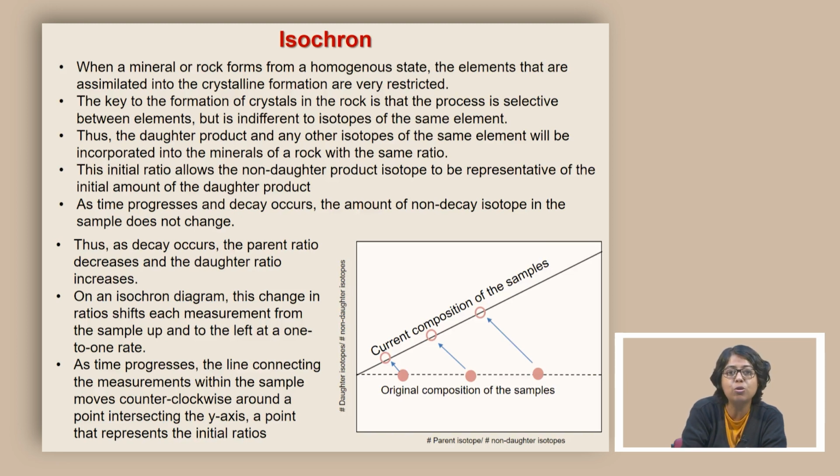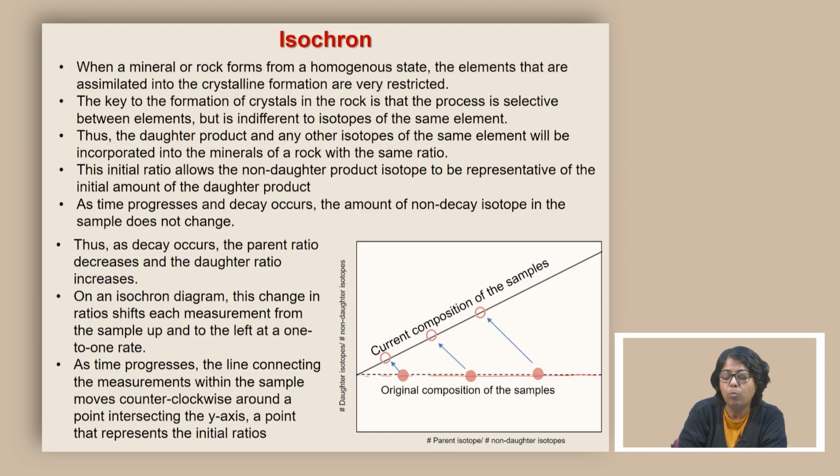So, on an isochron diagram, this change in ratios shifts each measurement from the sample up and to the left of the 1:1 ratio. So, I will show you that. Let's say this is the original ratio, which we are not going to observe.